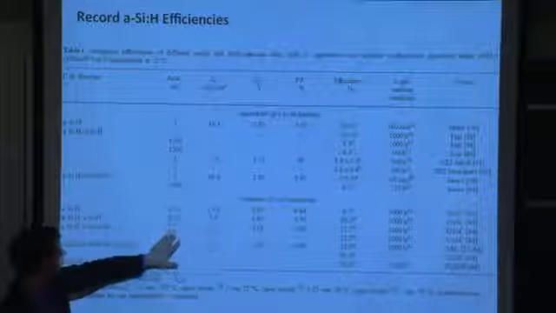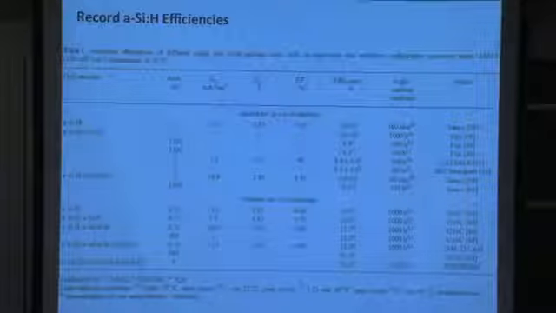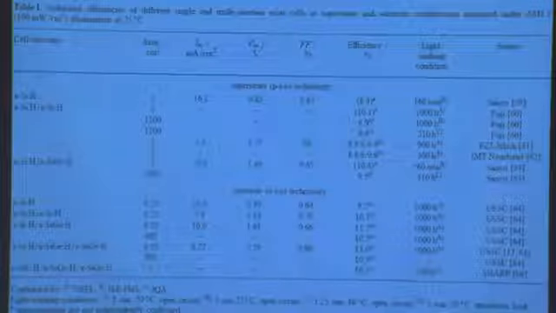I would caution overinterpretation of the very small area devices. If you're at 0.25 centimeters squared, you're at a very small linear dimension along the side of the cell, and you can wind up being impacted by edge effects. There's also sometimes this is the active area of a much larger device where they've shrunken down the aperture, but depending on the texturization of the surface, you still get light trapping and essentially a larger active area than what is actually being shaded off.